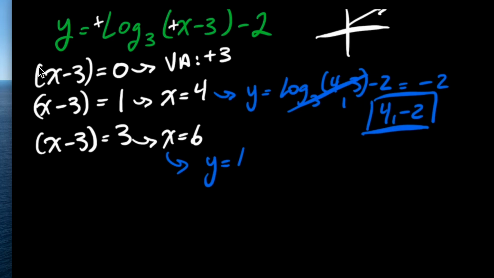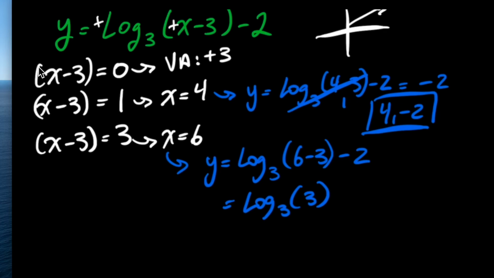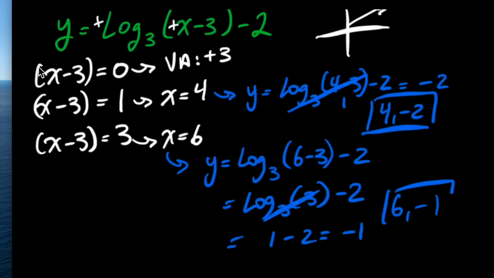Let's plug in x equals 6: log to the base 3 of 6 minus 3, minus 2. Log base 3 of 3 minus 2. This is going to become 1 minus 2 equals negative 1. So our second point is x equals 6, y equals negative 1.